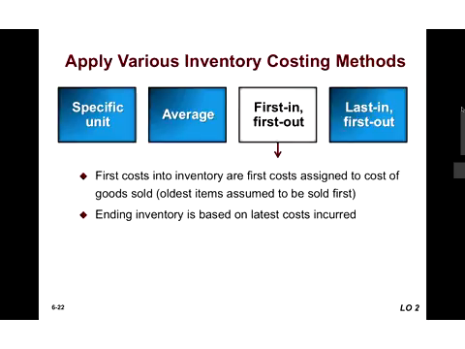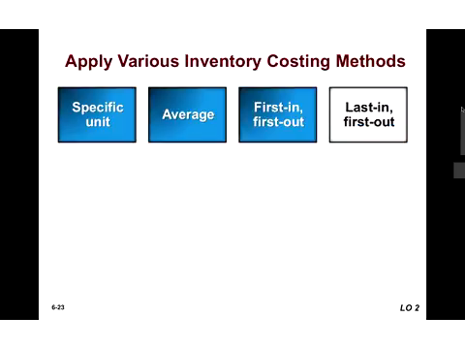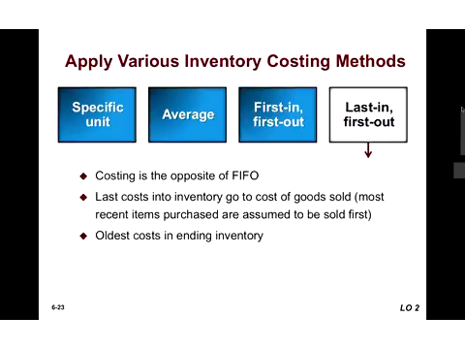LIFO is going to be the opposite of FIFO. The last ones in are the first ones sold. The oldest costs are in inventory. We're going to talk here in just a few minutes about why companies would choose LIFO or FIFO, if there's specific reasons why they would choose one of the two.